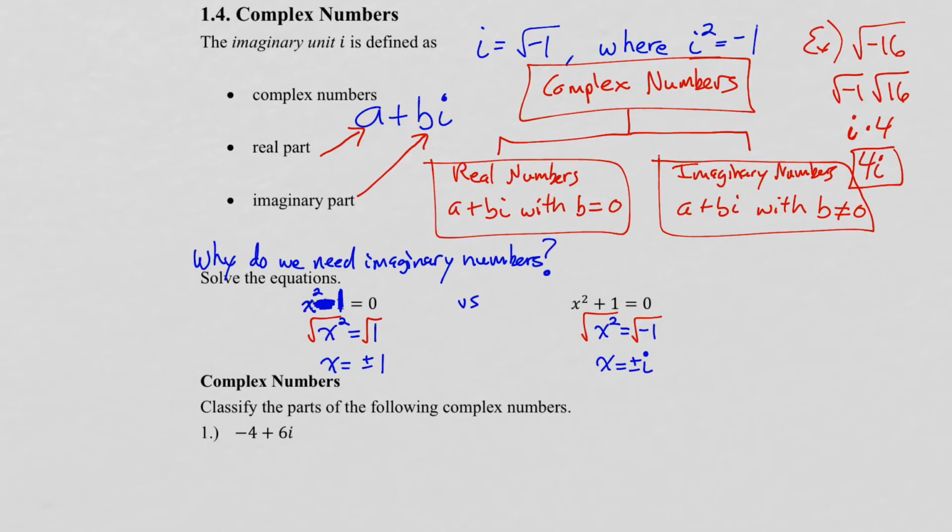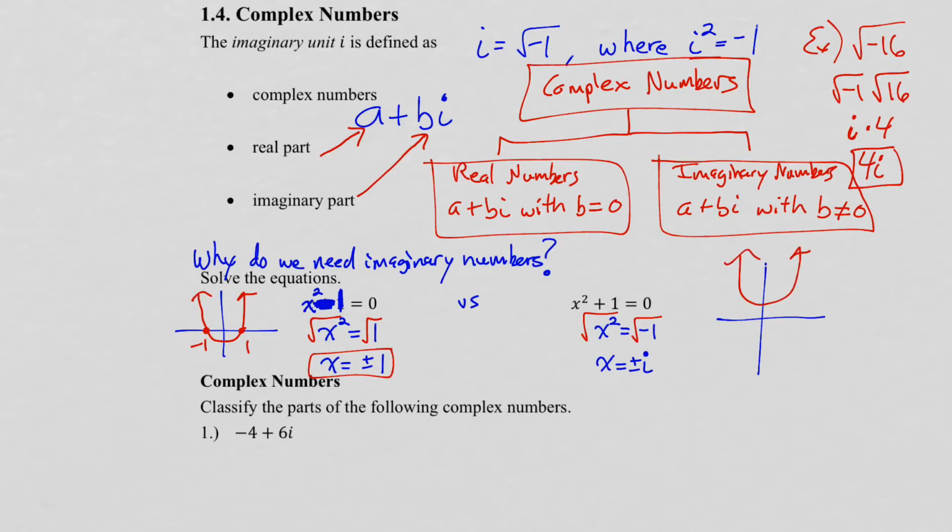We'll get into this later down the line, but visually speaking, I just want to show you that if you have a graph, the plus or minus 1 is basically this quadratic here with negative 1 and positive 1. That's where these come from. But what if your parabola, or your quadratic function, does not intersect the x-axis, something like this?